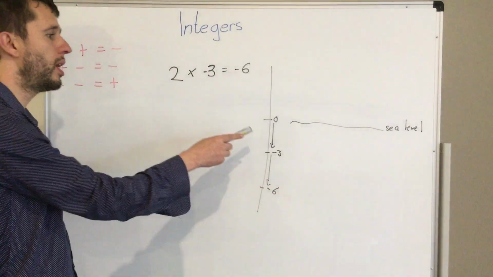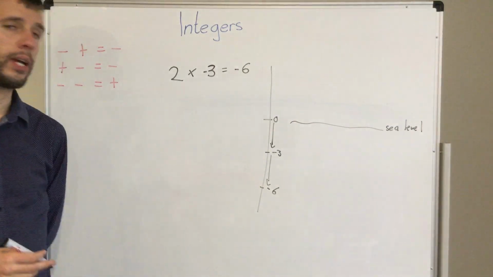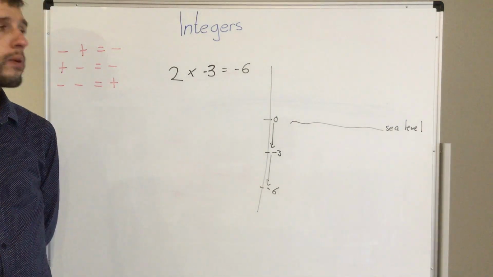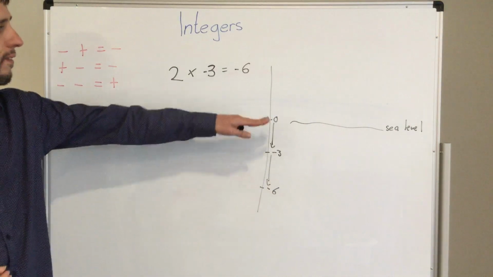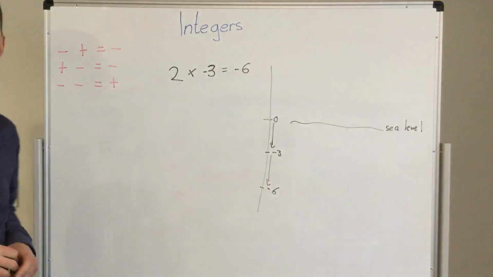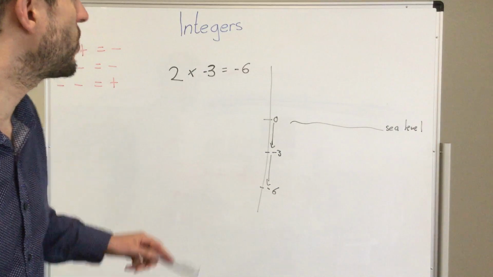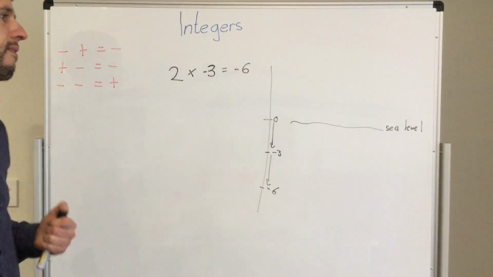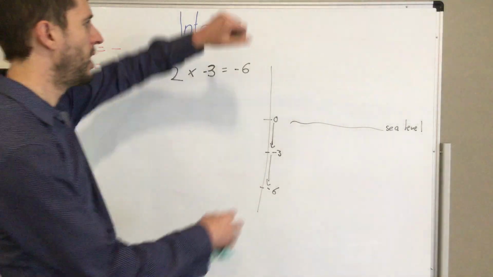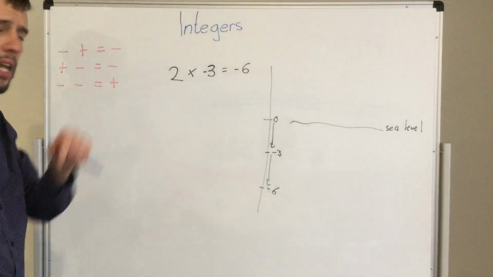So I went two lots of negative 3 because I doubled how deep they went, equals negative 6. So I went negative 6 meters below sea level. So that's where we can see that a negative and a positive still equals a negative number. Now, I'll actually leave that there for a minute.